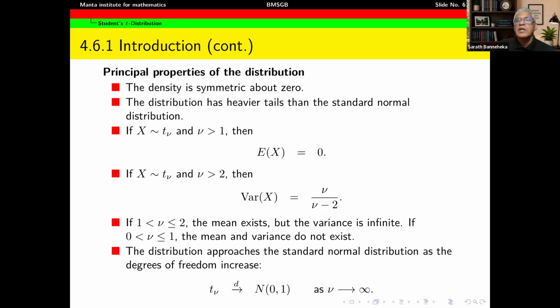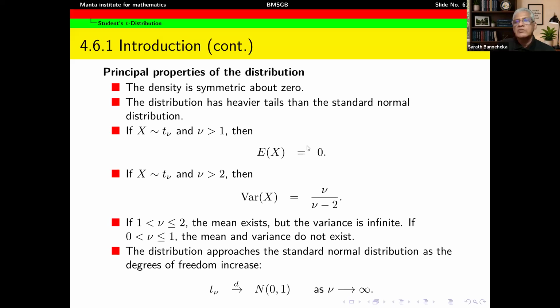So the density of any central t distribution is symmetric around 0, and it also has a bell shape, like a normal distribution. Right? But the distribution has heavier tails than the standard normal. Standard normal distribution is also symmetric around 0. It also has a bell shape. But we know that for a standard normal distribution, the density becomes almost 0 when Z becomes negative 3 or positive 3.